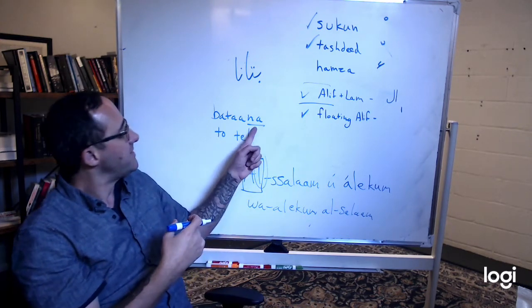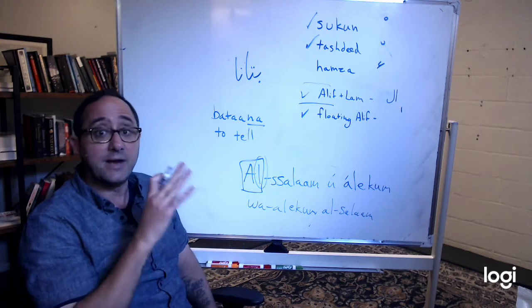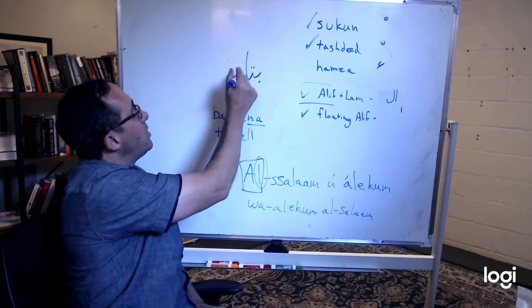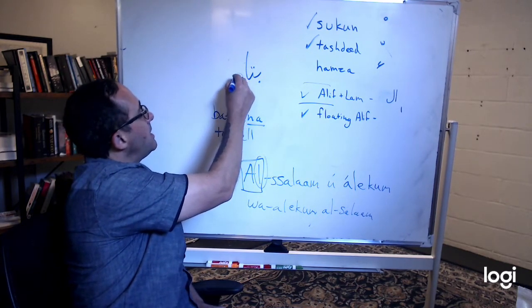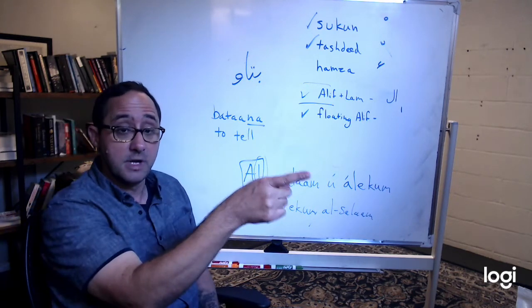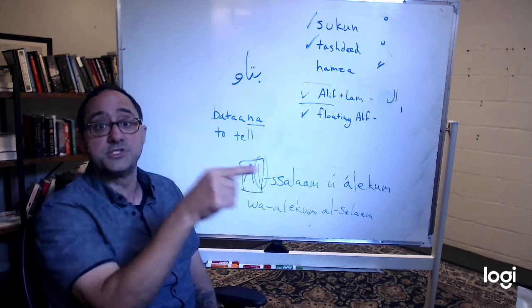This na drops off when I conjugate the verb. And one of the conjugations is for tum. I change this to the O ending of the tum form. So tum batao. You tell me. Tum mujhe batao.